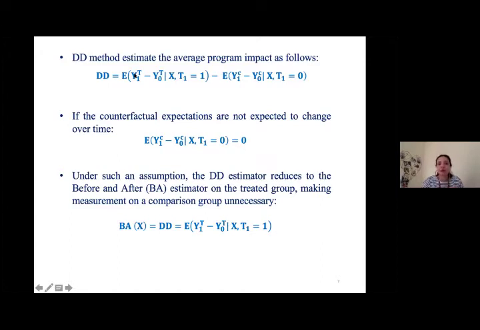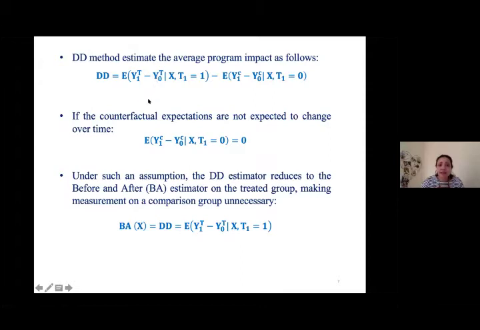So if I am talking about change in income due to the Takaful program, maybe Y1 would be the outcome of the individuals who benefited from Takaful, sorry, 1 would be after the implementation, so in 2018 or 2019, and Y0 is at the period of 2013.